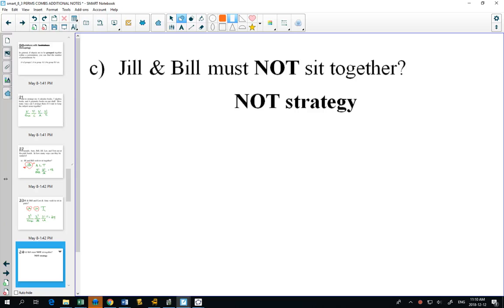Okay? And for part C, we're not worried about Lee and Amy being on again, off again kind of thing. So we're not worried if they're sitting together or not. All we have to make sure is the 5 sit on the bench. I'm really surprised that both Jill and Bill still come to the park bench. But they're going to come to the park bench, but they're not going to sit together.